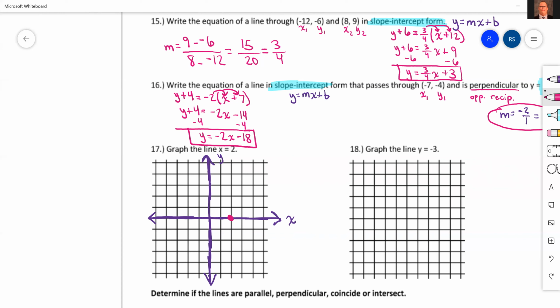What kind of line is this? If it is x equals, think back to what we did on that last lesson. X equals gives us a vertical line. So we put our point at 2, and then we need to draw a vertical line. There. That one's done.